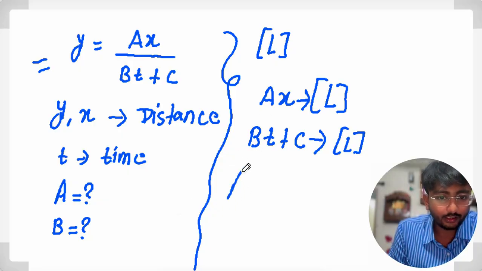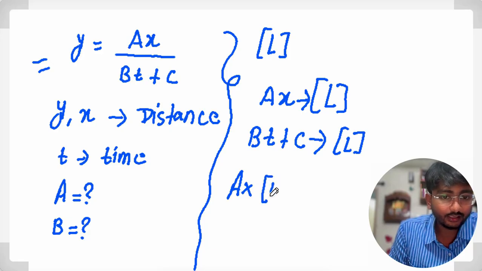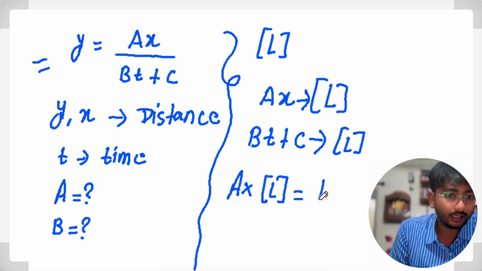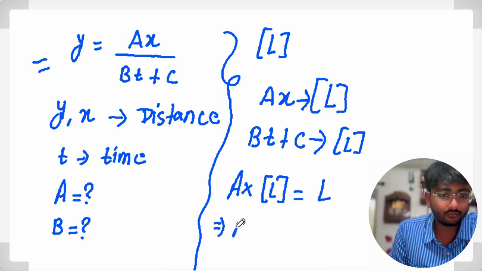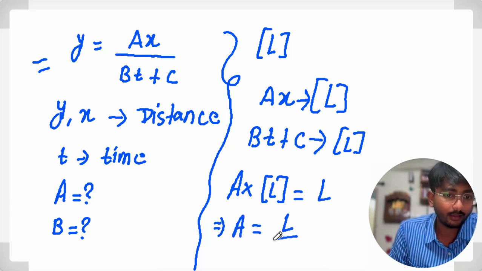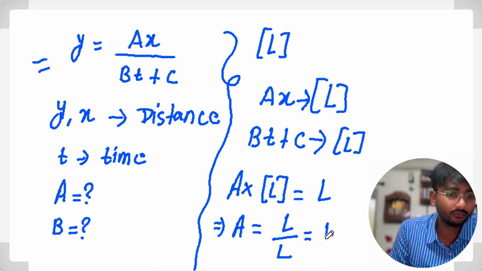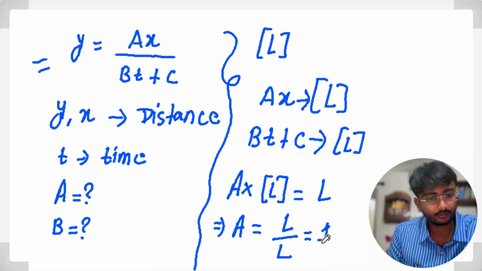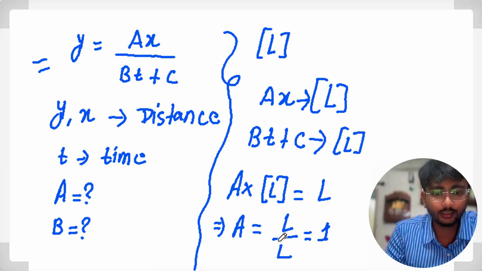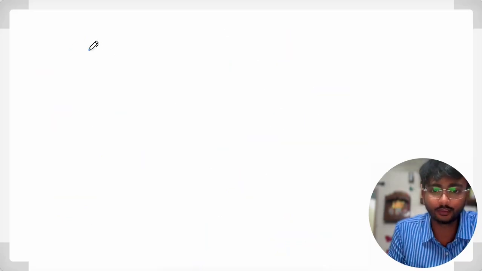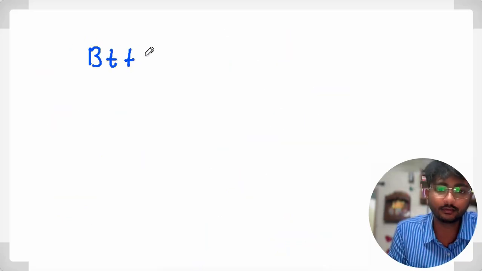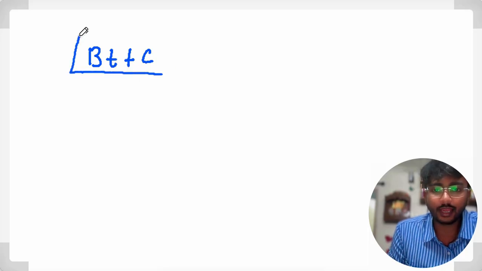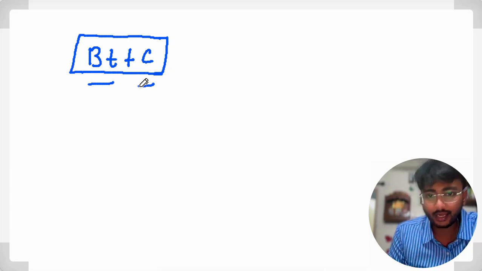So if the dimension of ax equal to L, and x is what? Length. So a into L equal to L. So here a equal to L upon L, that means 1. So a becomes 1, that means a is dimensionless. Okay, now let's calculate the dimension of bt plus c. So we have understood that the dimension of bt and the dimension of c will be the same, right?